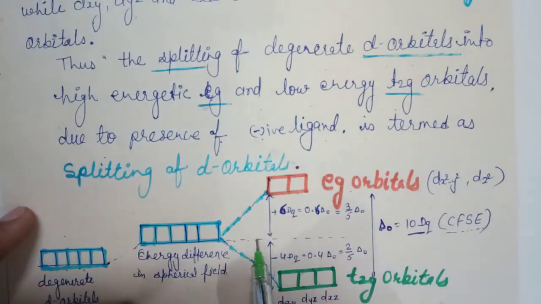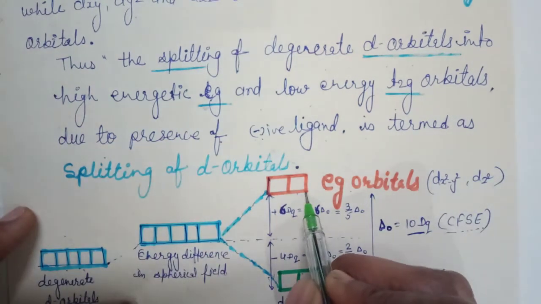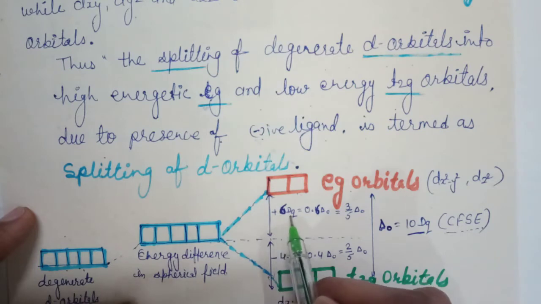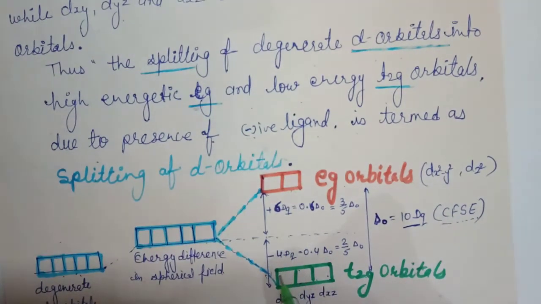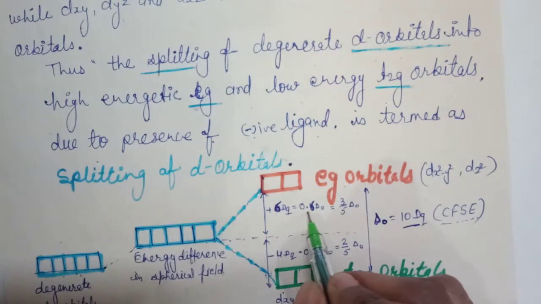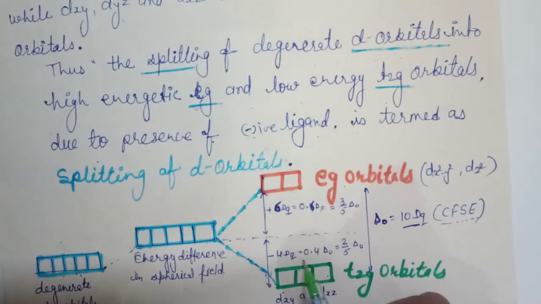Now this was the energy level of the degenerate orbitals. Eg orbitals are increased by 6 Dq energy, while T2g orbitals are decreased by 4 Dq energy. Plus means increment and minus means decrease. Or we can say it is 0.6 delta O and it is minus 0.4 delta O.